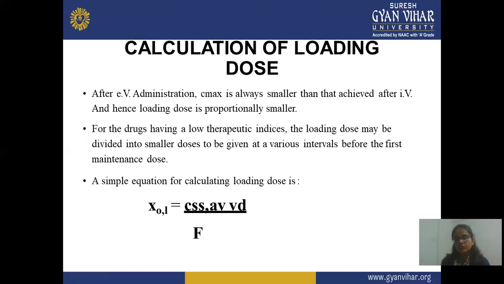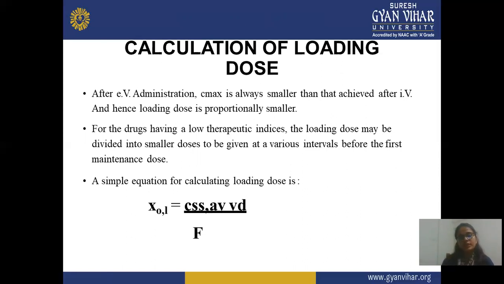Then you divide your dose into multiple smaller doses and take them at various intervals, with some time gap between one dose and the next, before taking the maintenance dose.